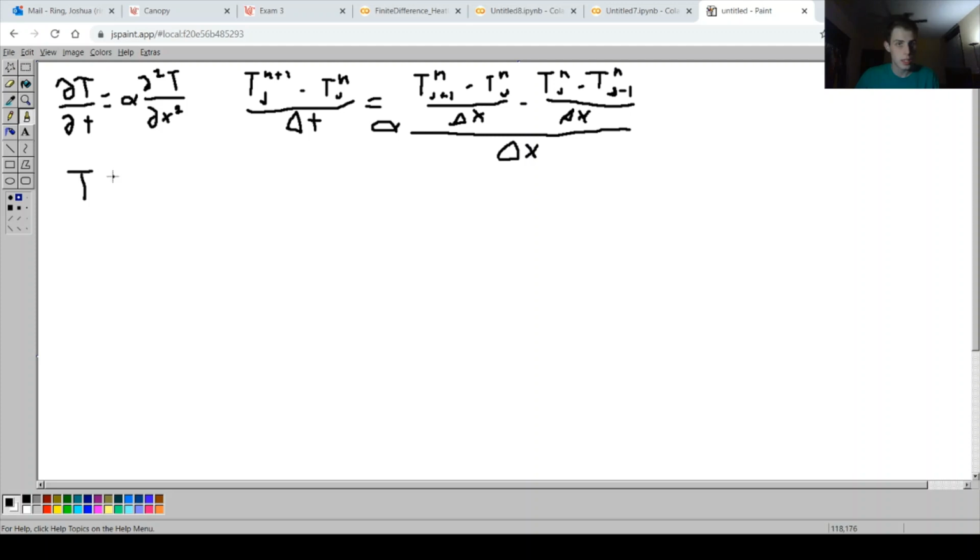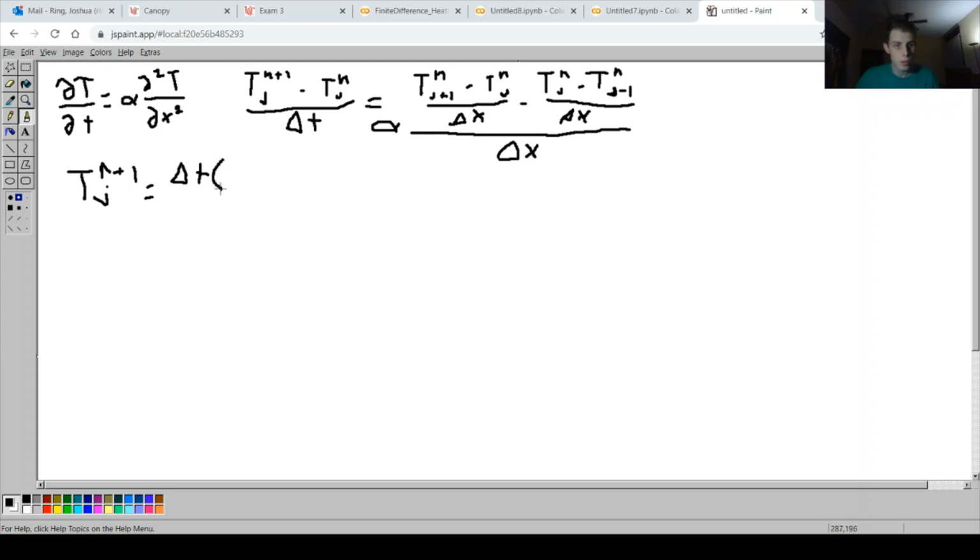So we can go ahead and we're going to rewrite this. And now it is going to be equal to delta t, bringing our delta t over, multiplying that. So you got to do that first before you add the T j n over.